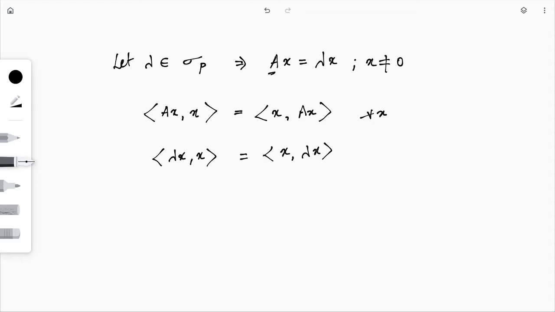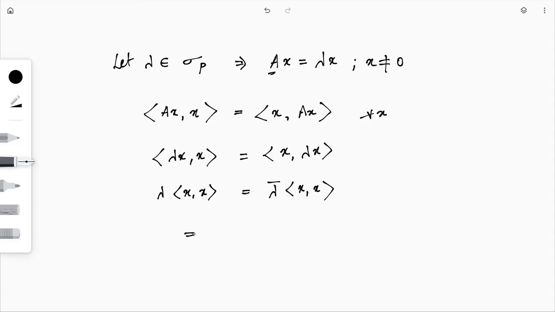Now let us use the property of inner product. Lambda is a constant, so I'm going to take it out. So lambda into <x, x> is equal to, when I take the scalar out of the second variable, it becomes a conjugate, lambda conjugate into <x, x>. Now you can see that both of these can be cancelled, or you can replace this by the norm.